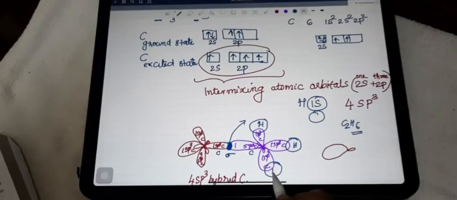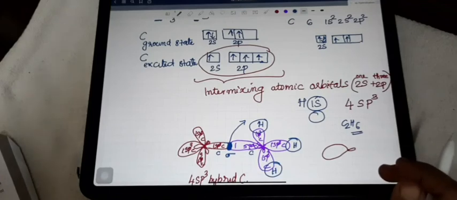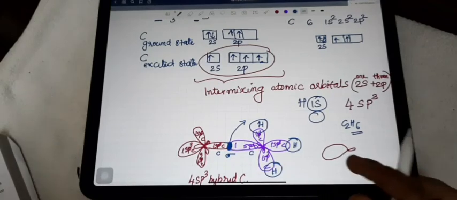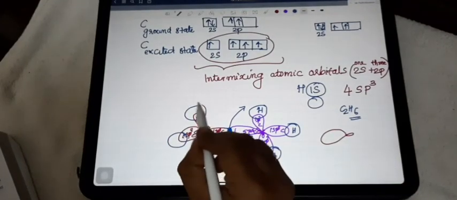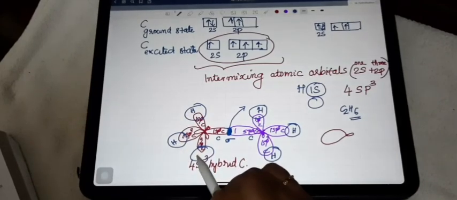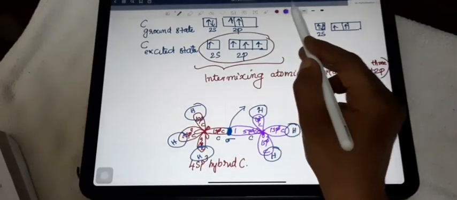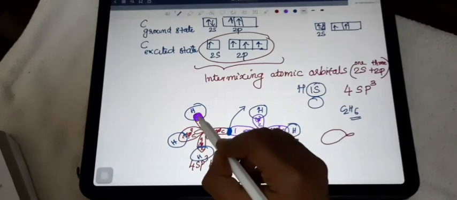So each carbon bonds with 3 hydrogens. Then here also, okay, clear? This is hydrogen, this is hydrogen, this is hydrogen, and you can see that one portion is common here. This is the joining portion.